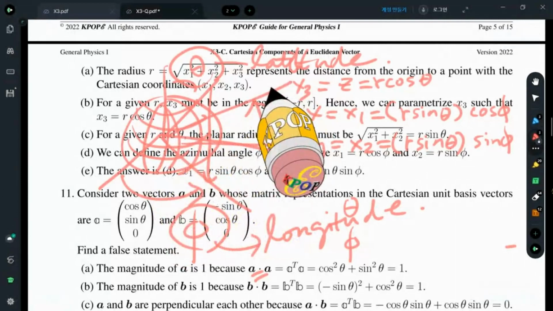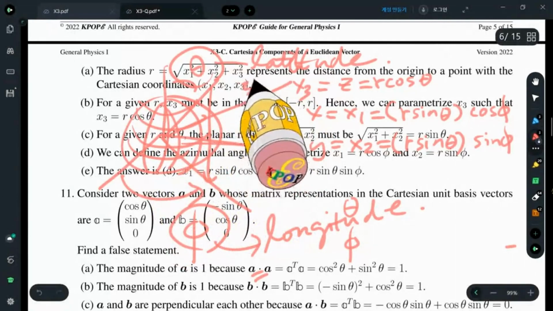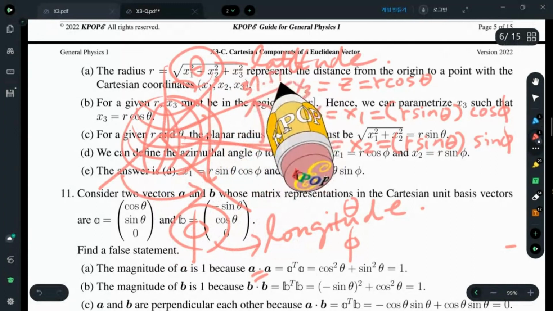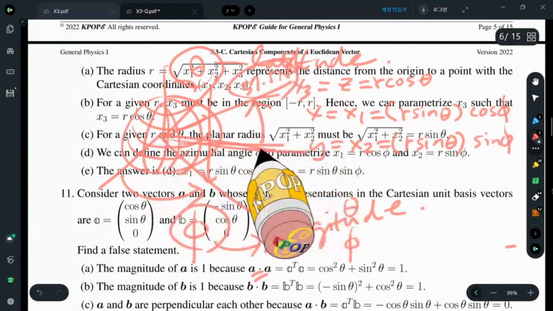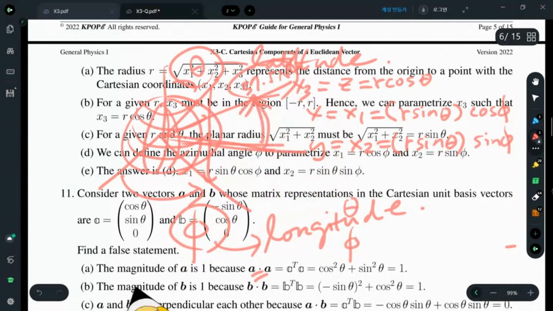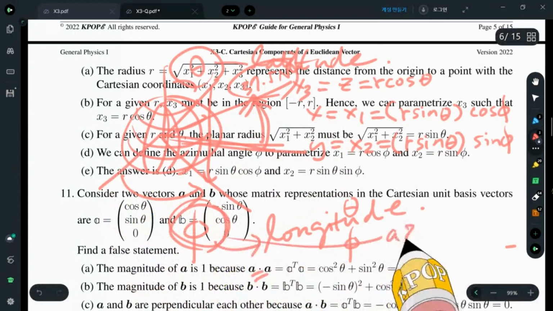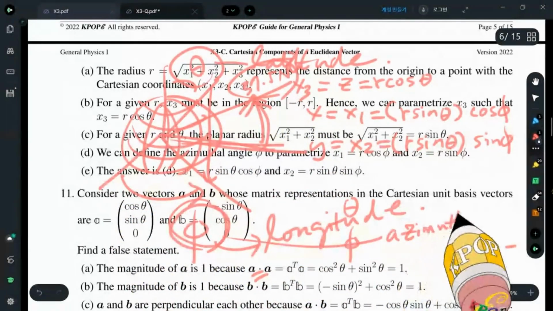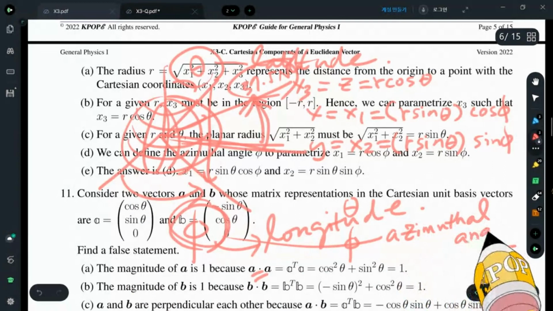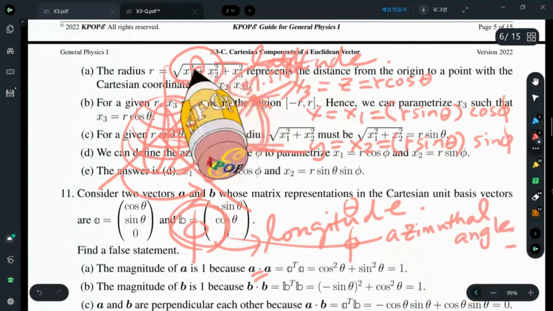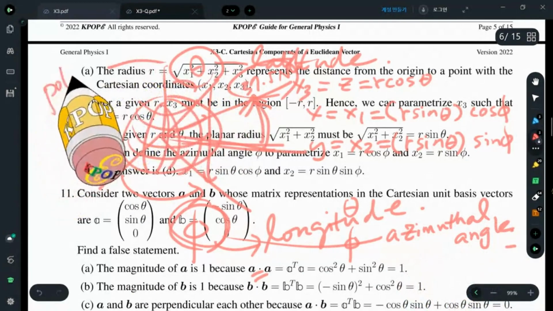So we are living 37 point something north from the equator. Phi is called the azimuthal angle, and theta is called the polar angle.